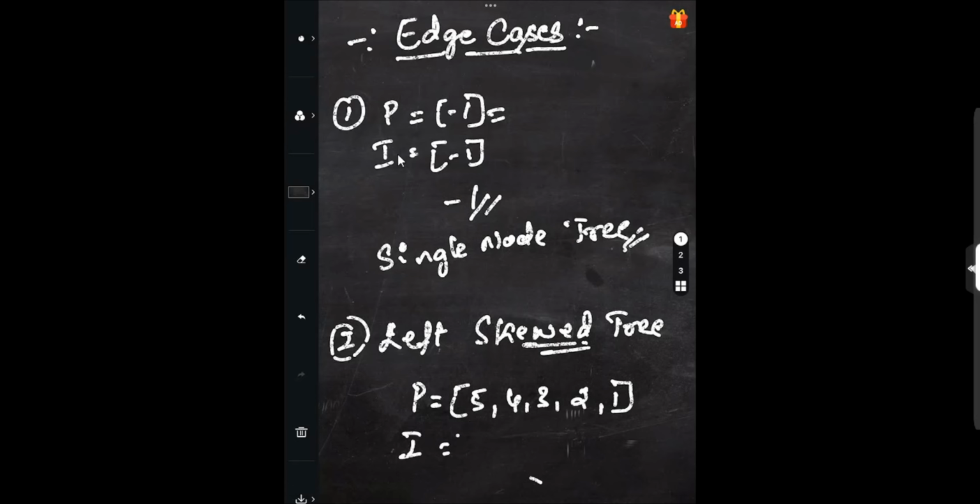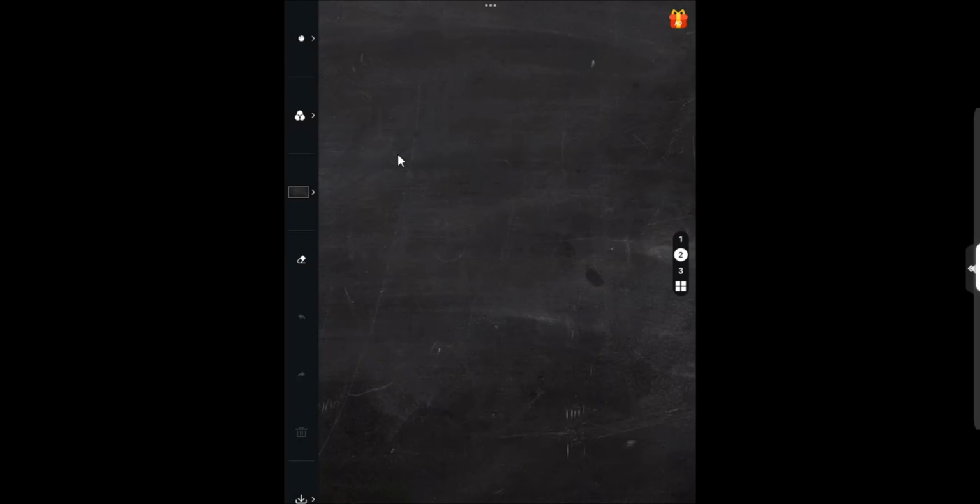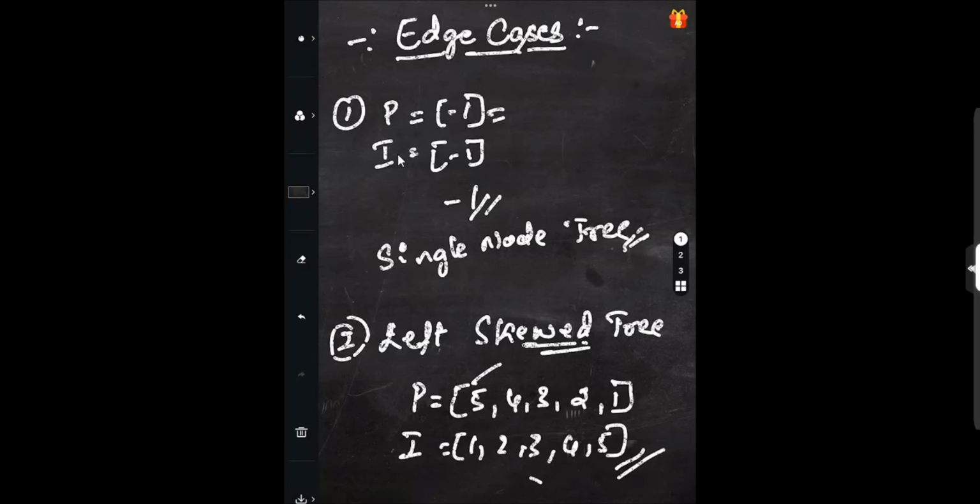For the inorder, I'll consider 1, 2, 3, 4, 5. This is for the left skewed tree. So first we are picking the root from preorder, 5. Here you can clearly see, first we have to pick the preorder 5. We have to find the 5 in the inorder.